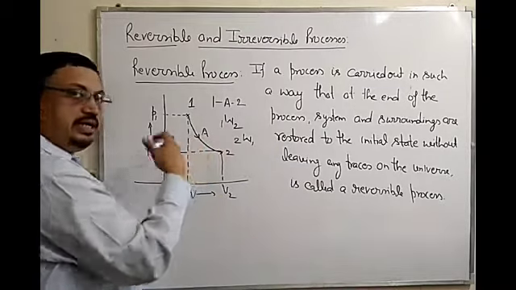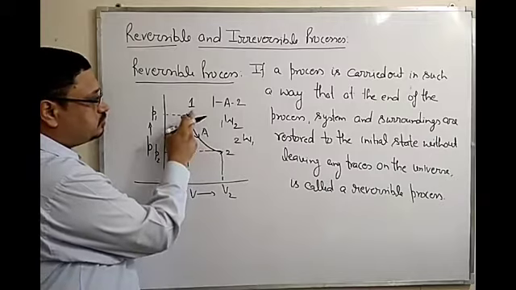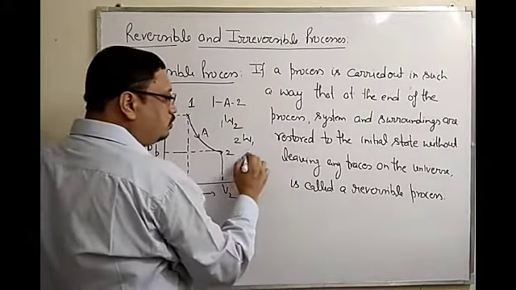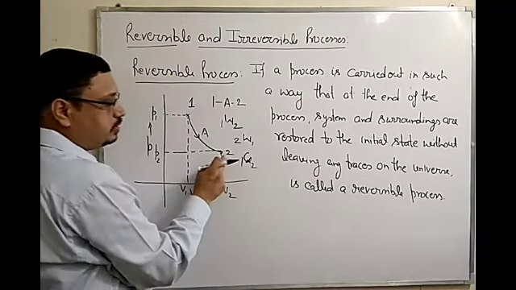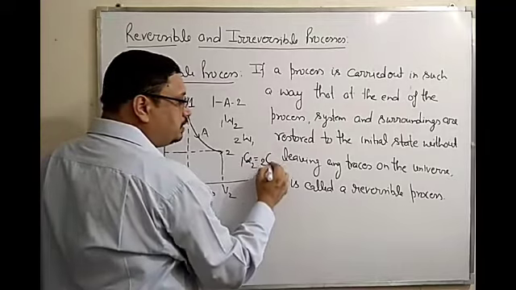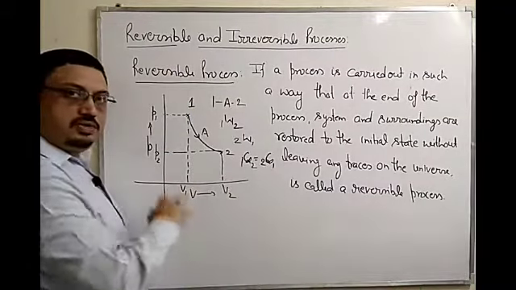Now if there is a heat transfer, similarly if we say that there is a heat transfer when the system proceeds from state 1 to state 2, that is 1Q2, and the heat transfer when the system proceeds from 2 to 1, that is 2Q1, this 1Q2 should be equal to 2Q1, and it should be in the reverse direction.